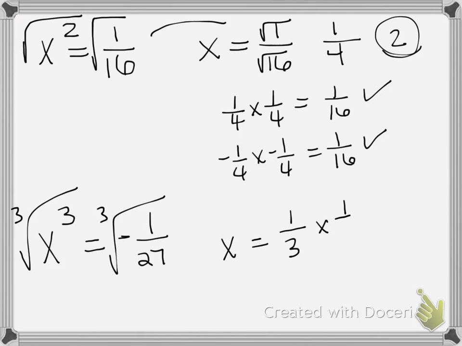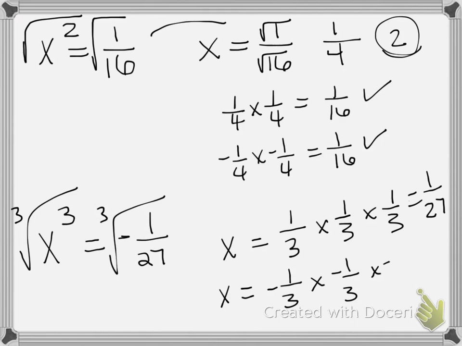So we're going to try this with 1/3 and see if that gets me negative 1/27. This one gets me a positive 1/27. So then I would try it with negative 1/3, and that one would be negative 1/27. So this one works.